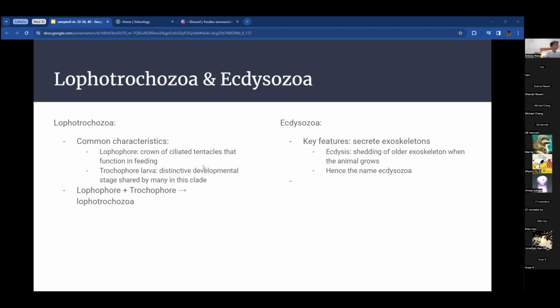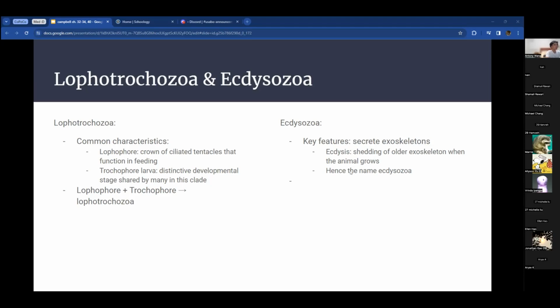Its name is derived from its characteristics. A lot of its members share either a lophophore, which is a crown of ciliated tentacles that function in feeding, or trochophore larva. You just know that trochophore is a type of developmental stage. Lophophore, you should know that it's a crown of ciliated tentacles.